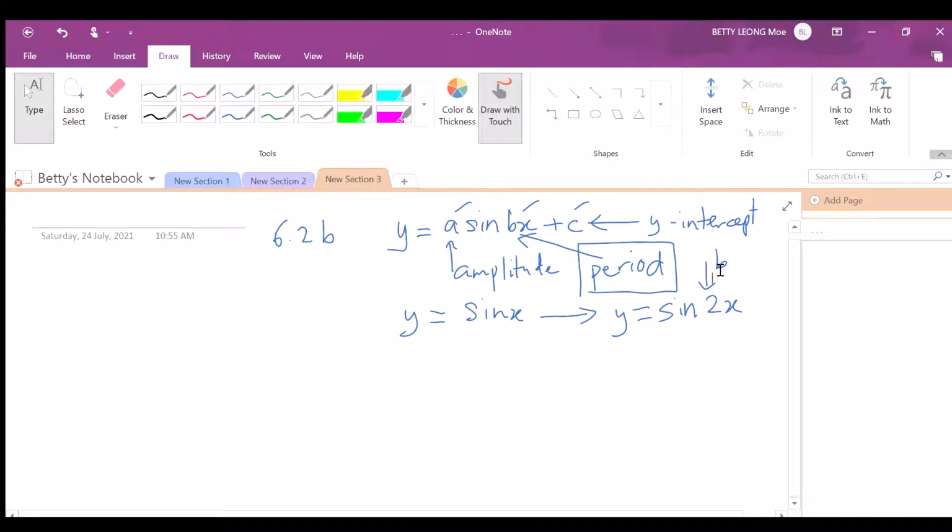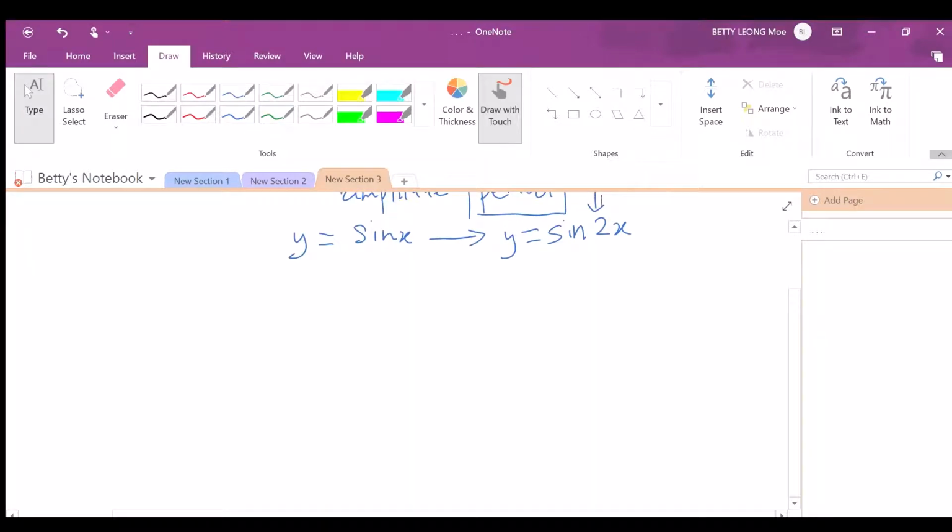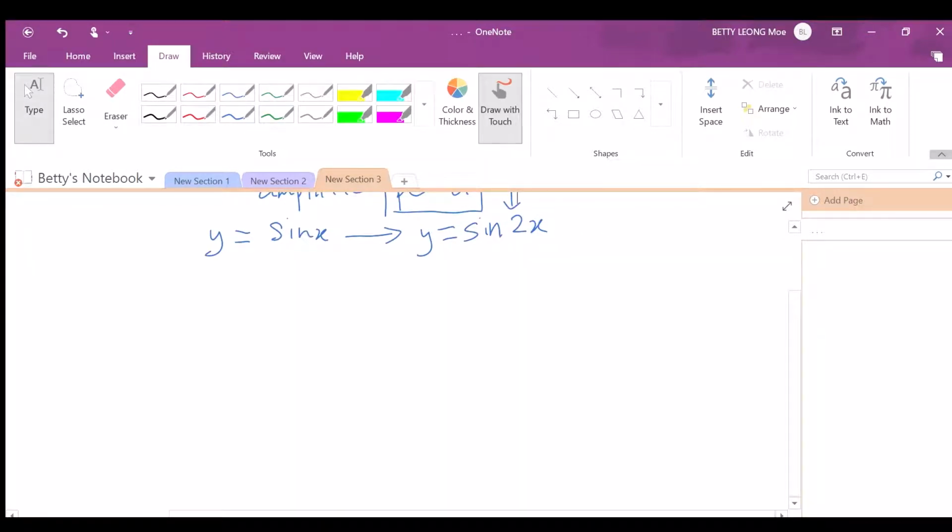For this one, we will draw the basic graph first. That is your y equals sin x.